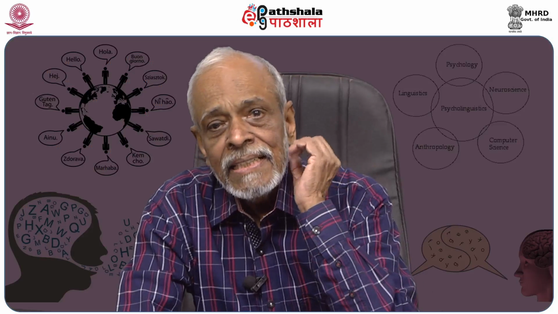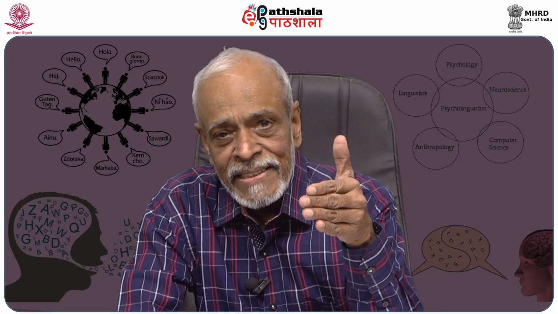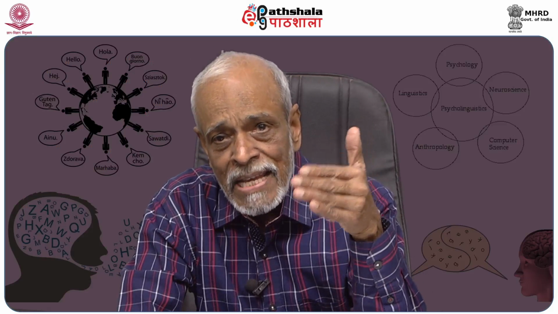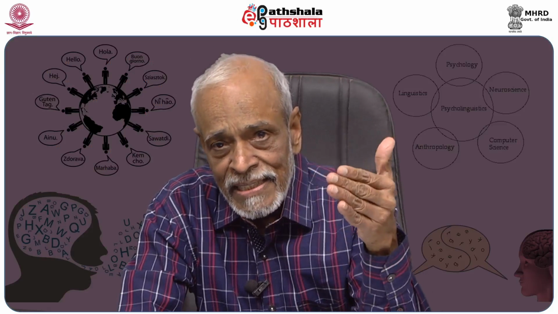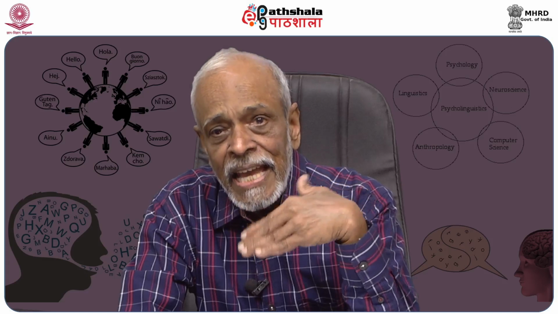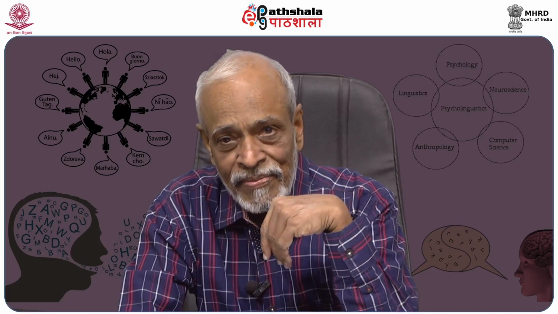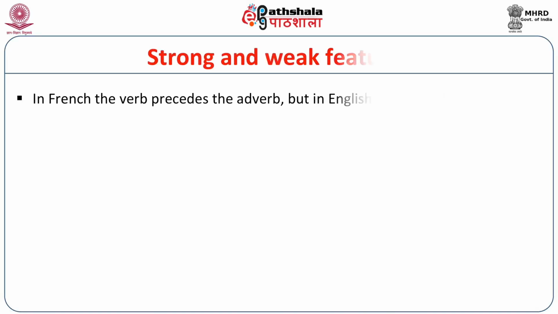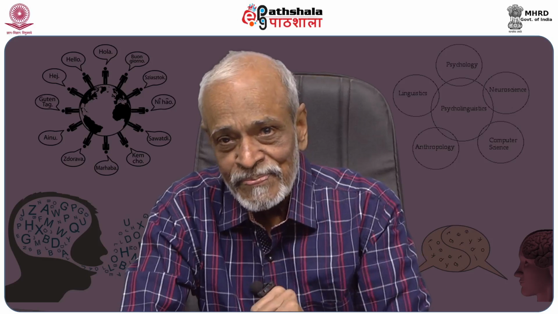Let us say that the adverb is generated in the space between the VP and the tense phrase, that is above the VP. Therefore, if the verb were to move and adjoin to tense, then the verb will come to the left of the adverb.